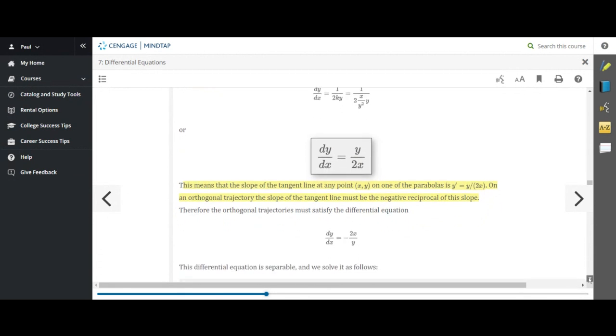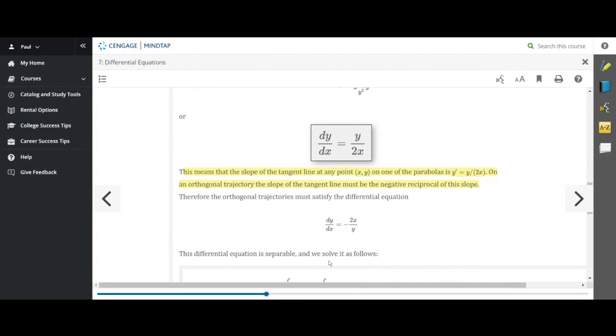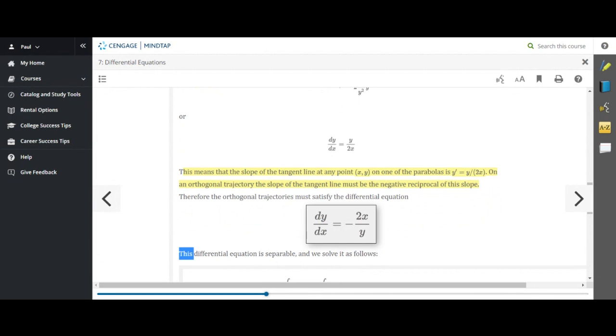Well, this means then that the orthogonal trajectories to that family, where the intersection points would be perpendicular, would have slopes that are the negative reciprocal, which is dy/dx equals -2x over y.